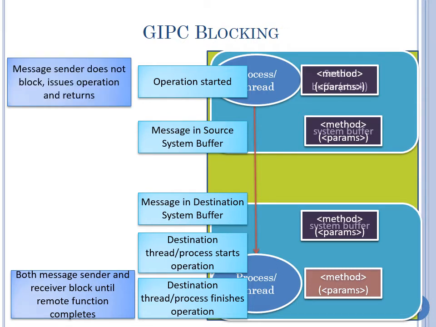But for procedure calls, they're more like what John Ray mentioned in JavaScript, that the message sender does not block, just issues the operation and returns. So there must be a reason why Gypsy does it that way and RMI does it another way. There must be pros and cons, and I'm sure you are thinking of these pros and cons right now. Because of various pros and cons, you have all of these as valid points at which we might want to unblock.